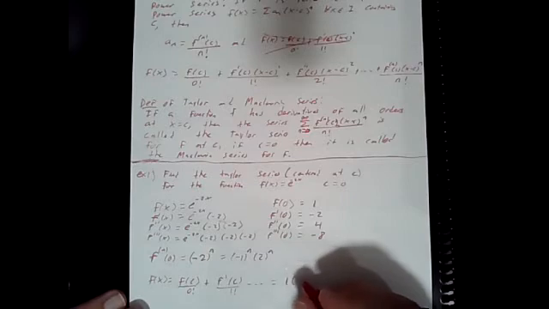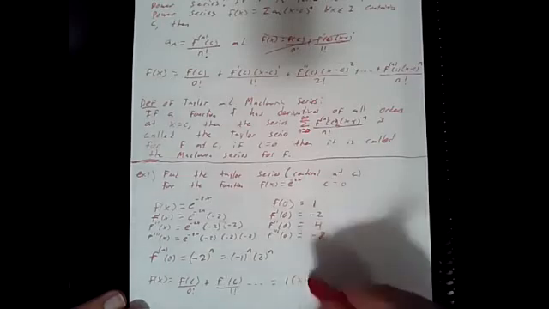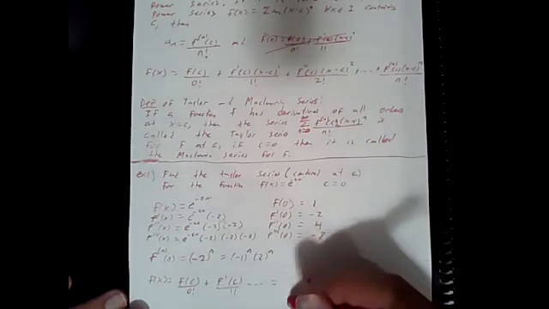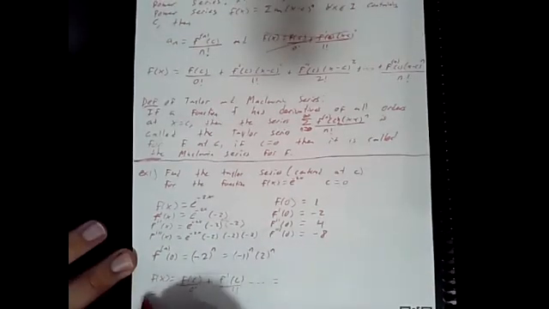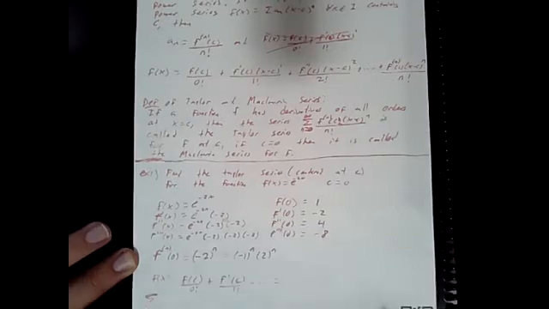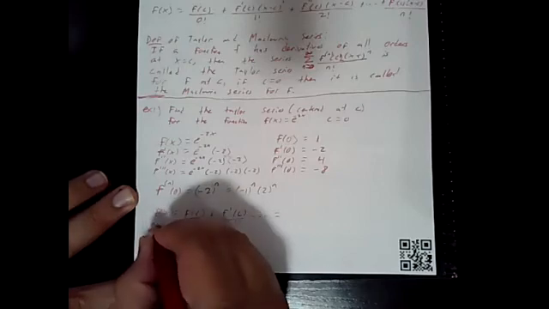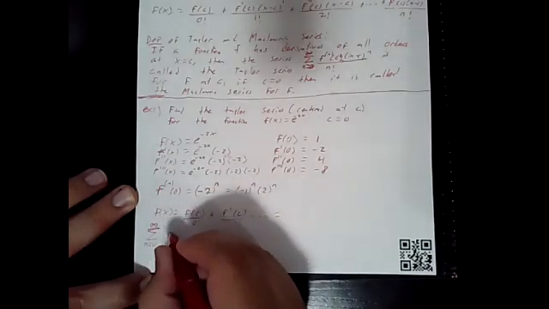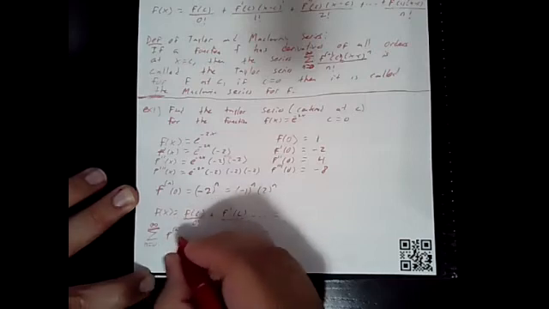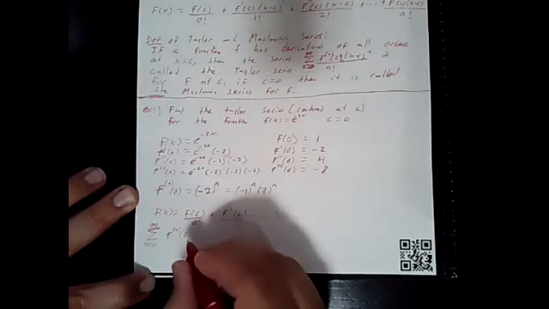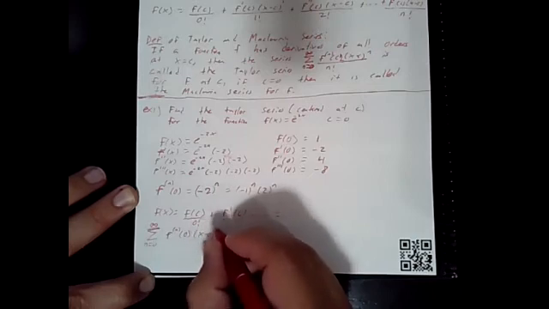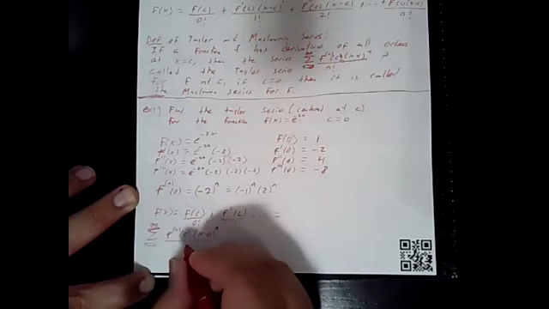Oh, yeah, sorry, let me show the work. So the pattern would be from n equals 0 to infinity. And the formula says you got to plug in the nth derivative at, in our case, 0 times x minus 0 to the n over n factorial.